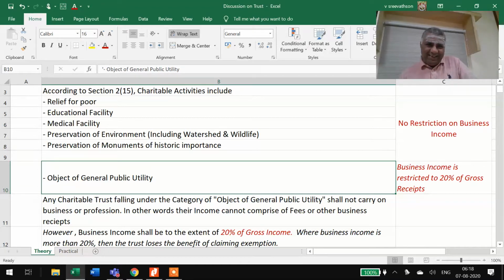Previously, if you were imparting education or training on yoga, it was falling under object of general public utility. It is exempt.